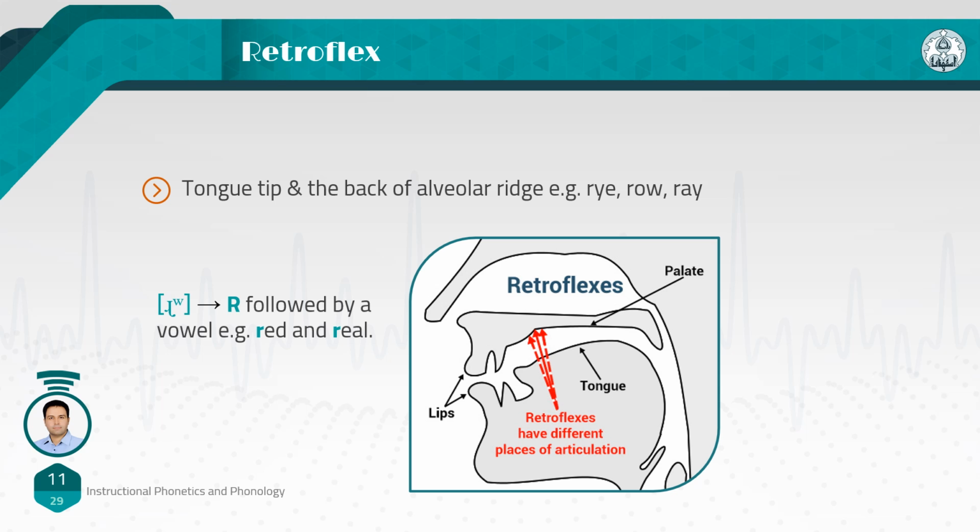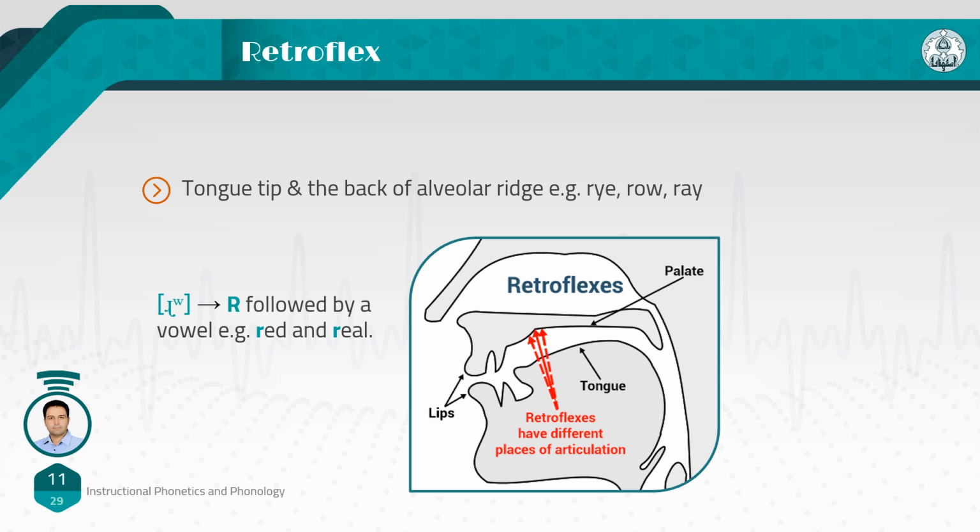Maybe right exactly the place where the alveolar ridge is finished, or maybe the beginning of the soft palate. It depends. We can say that it is about 1 centimeter. Maybe you touch the first millimeter, maybe you touch the middle, maybe you touch the ending part, but for all of them, you use the tongue tip and the back of the alveolar ridge.